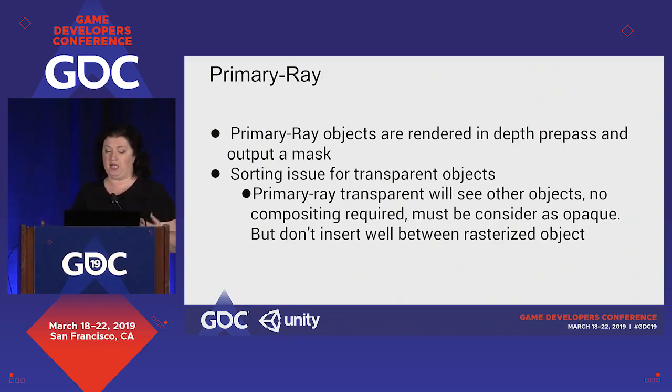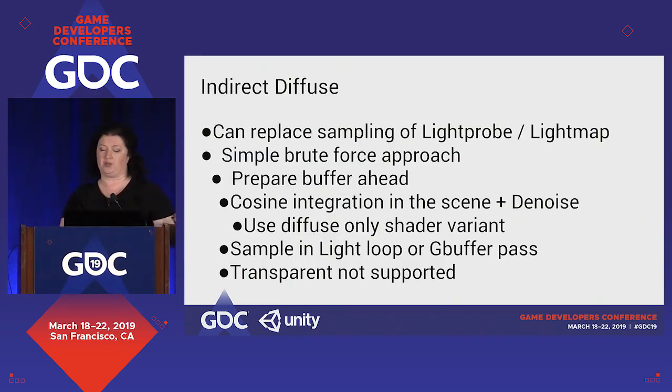What that means is the primary ray transparent can see other objects, and you don't need any compositing. But that means we're back to sorting issues, because we don't intend to render, for example, particles into a giant acceleration structure in full glory. We're not going to have to deal with where this opaque primary ray transparent object is with respect to everything else in the scene when we're rendering the transparent part.